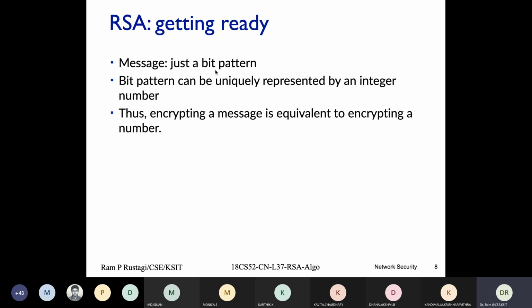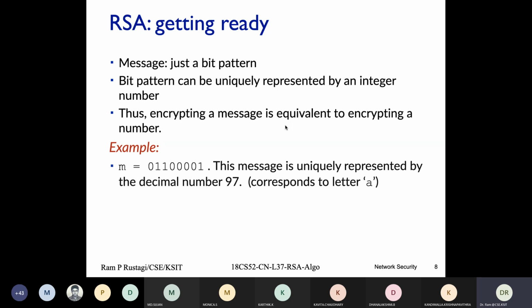So when we say encrypting a message, all that means is computing mathematically on the powers and modulos, and then finding the encryption, and the same is true for decryption. Encrypting a message basically means encrypting a number by applying modular arithmetic, and vice versa for decryption. Take an example. Consider that message m is equal to 01100001, which is hex 61, corresponding to the small letter a.